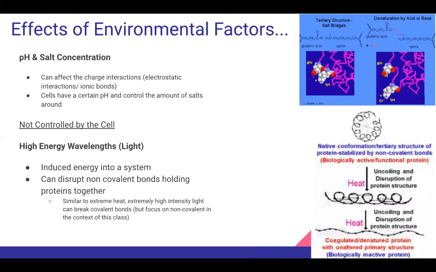So if you just had heat and light, it wouldn't be enough to break the covalent bonds. But then I think she added either detergent or reducing agent. I just can't remember which one it was, but it was able to affect the covalent bonds, I believe. But yeah, does anyone have questions on this slide?